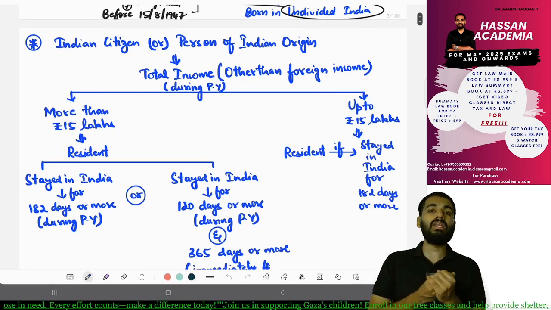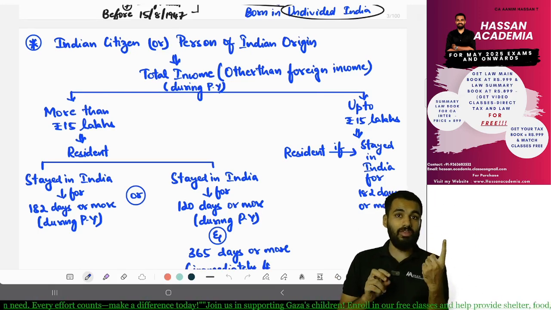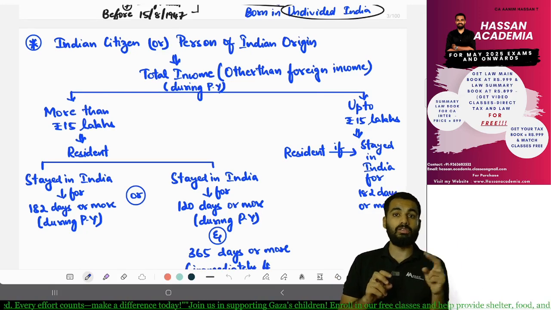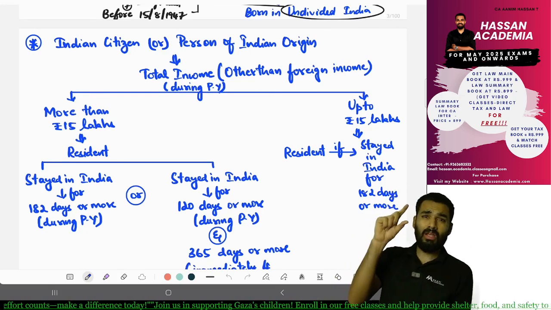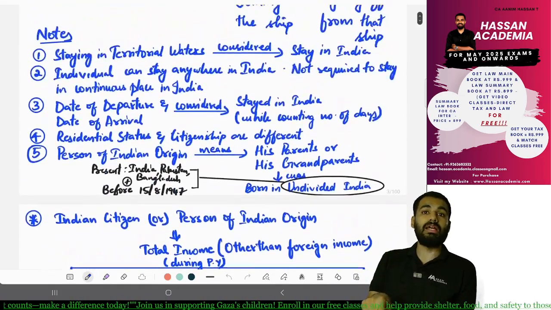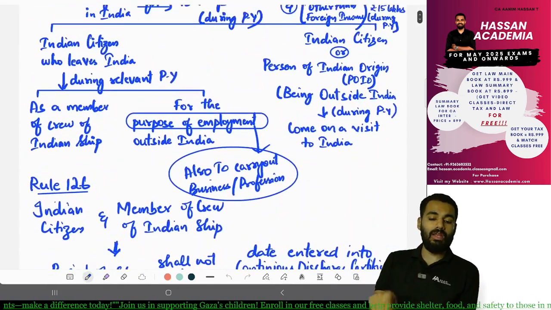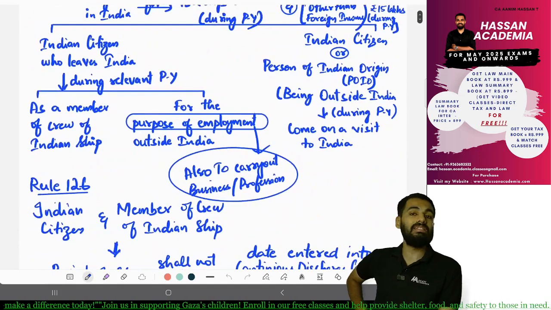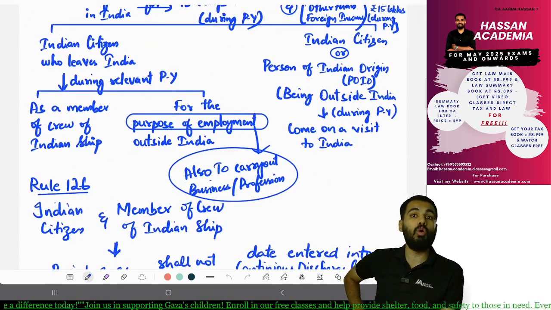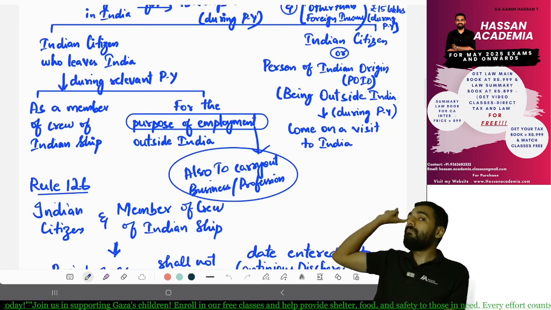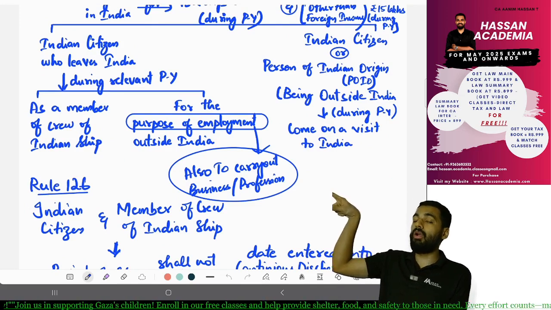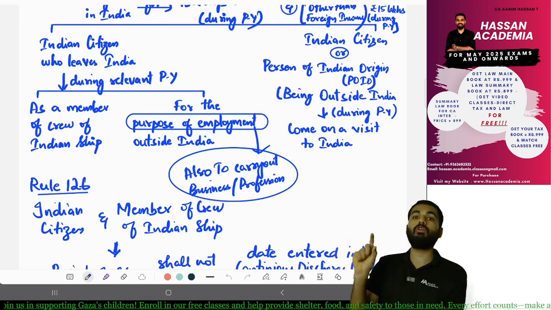Now, the second situation: if an Indian citizen or person of Indian origin has total income up to 15 lakhs, and he is a member of the crew of an Indian ship, or he is going outside India for the purpose of employment.